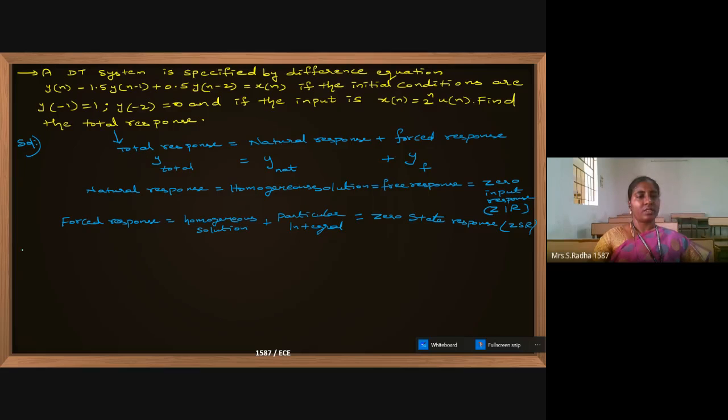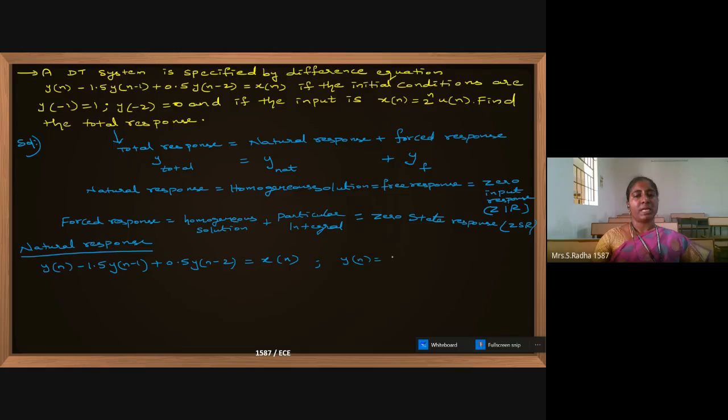I will start with finding the natural response, or homogeneous function. The given equation is y(n) - 1.5 y(n-1) + 0.5 y(n-2) = x(n).